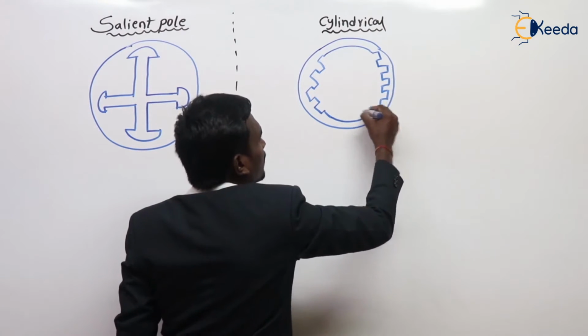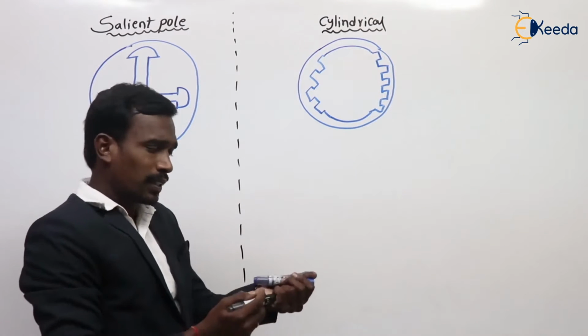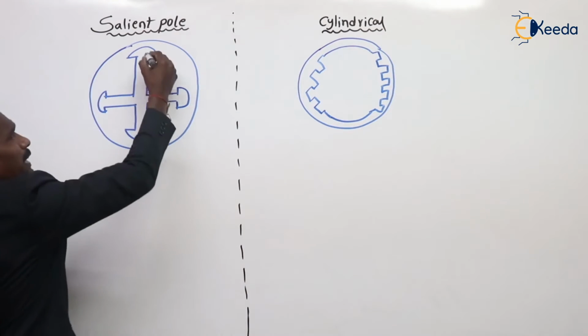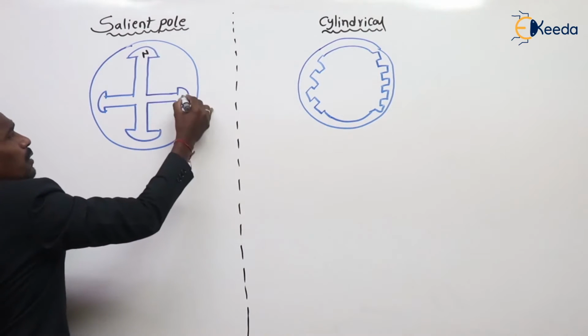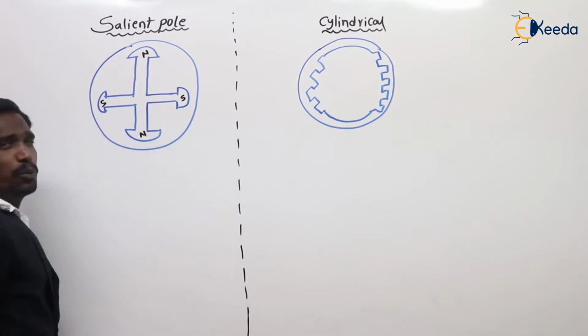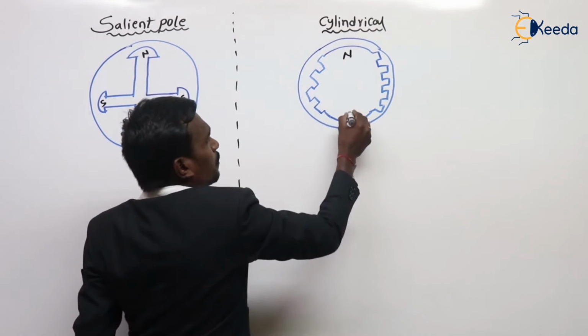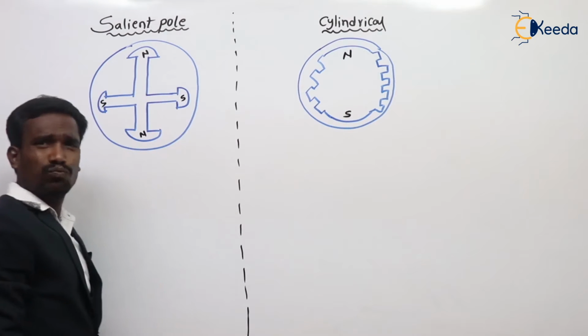Exactly, this is the cylindrical type of my rotor. For example, this is North Pole, South Pole, North Pole and South Pole. Here, this is North Pole and this is South Pole.